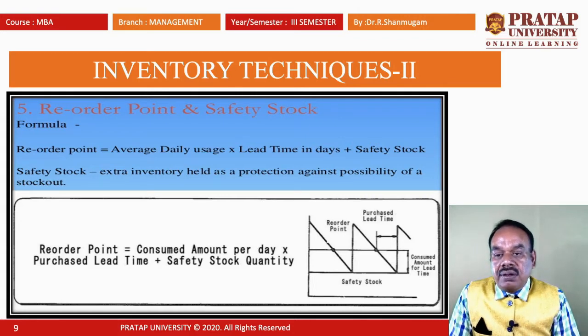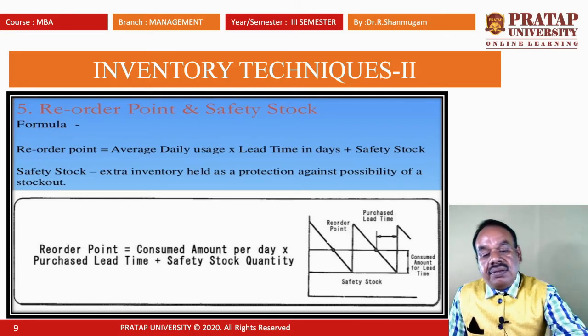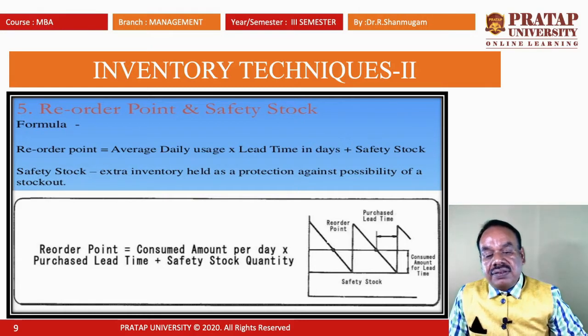Based on the forecast, they will maintain the safety stock. So reorder point equals consumed amount per day into purchase lead time plus safety stock quantity. Here the graph was given, where the straight line on the x-axis was safety stock.